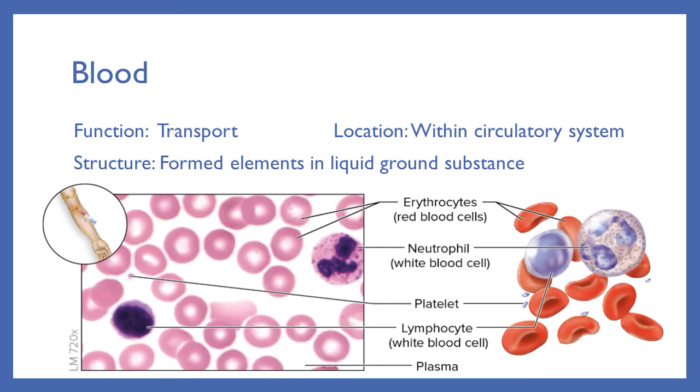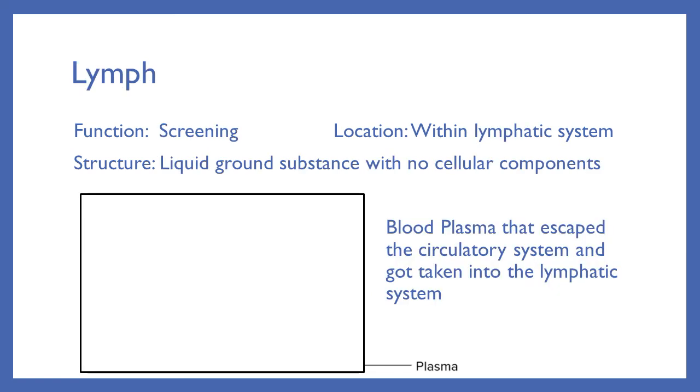Now, this blood plasma, this ground substance, the plasma itself sometimes will leak out of the blood vessels in order to carry nutrients to all of the tissue cells. But say if 10 ounces comes out, only 8 ounces gets reabsorbed. So those extra ounces that get left behind in the body, they get absorbed by a sewer system called the lymphatic system.